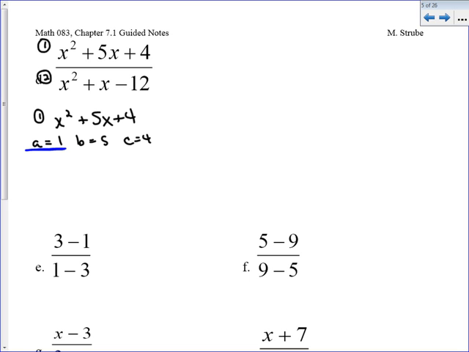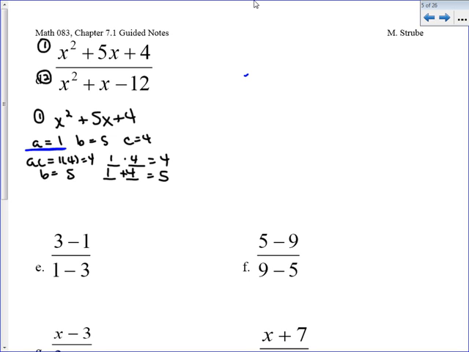A is 1. I have just the x squared at the start. So once I find my pair, so AC is 1 times 4, which is 4. B is 5. I'm just looking for a pair that multiplies to 4, adds to 5. What's that pair? 1 and 4.